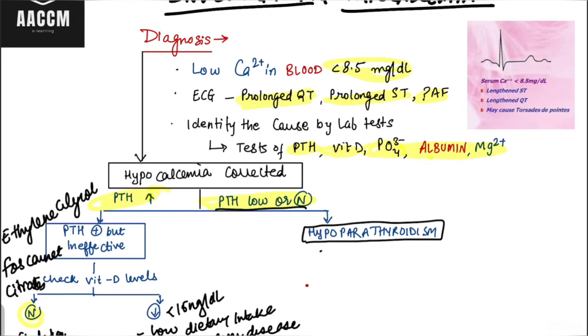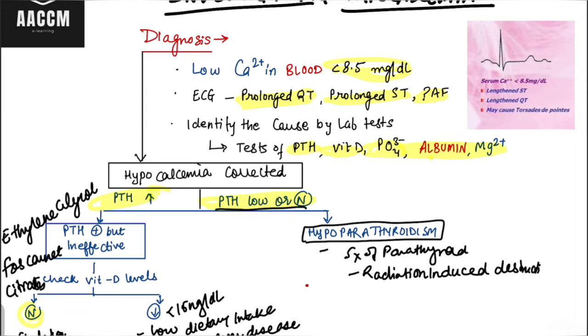Now, in this case, there are reasons such as parathyroidectomy, where somebody has had surgery of the parathyroid, radiation-induced destruction of the gland, any case of autoimmune diseases, Wilson's disease, and HIV infection, which can affect this particular scenario.